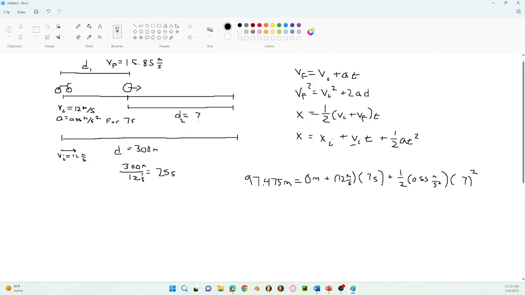Okay, so now we have D1, which we can define here. D1 is equal to 97.475 meters.